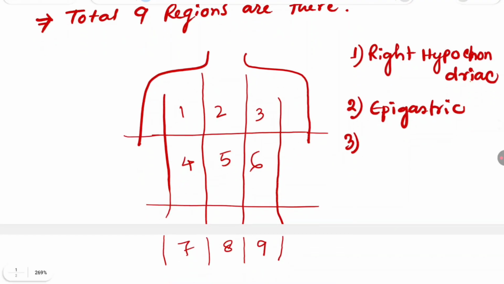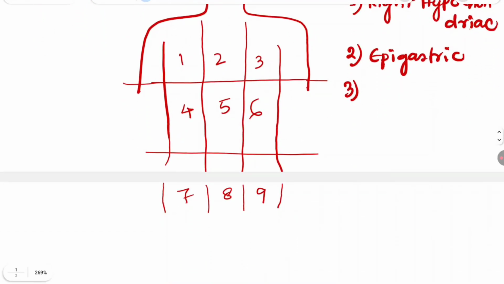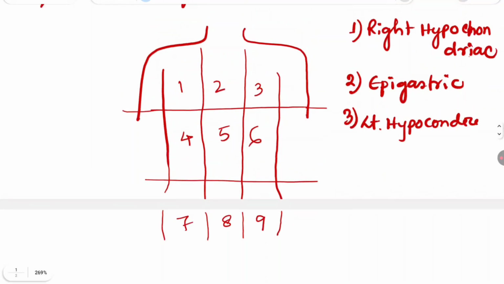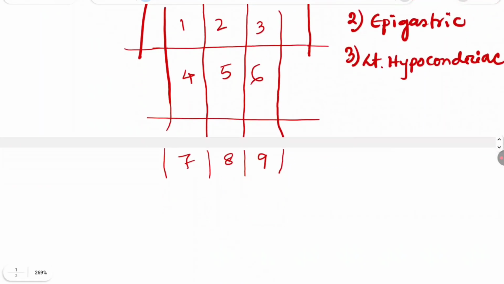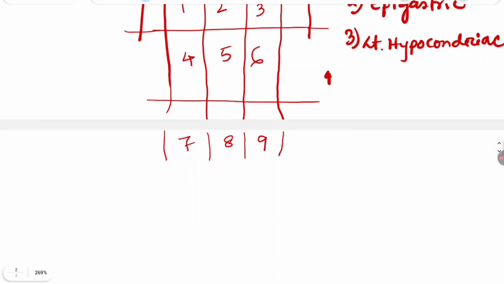Third one, this is the right side and that is the left side, is the left hypochondriac region. Fourth one is the right lumbar region.